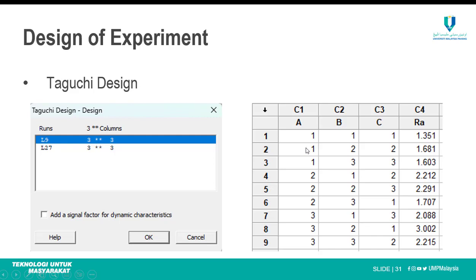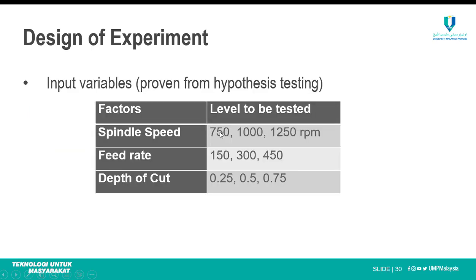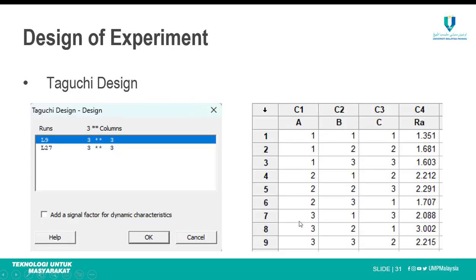So this is the table of the experiment. Here 1 means the low level, 2 is the medium level, and 3 is the high level, based on our levels here. This is 1, low level. This is 2, medium level, and this is 3, high level. So this is the table.